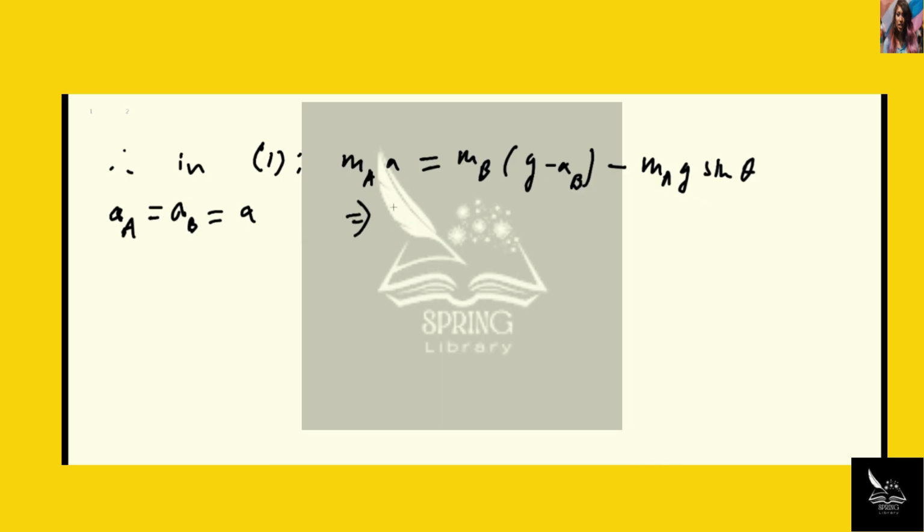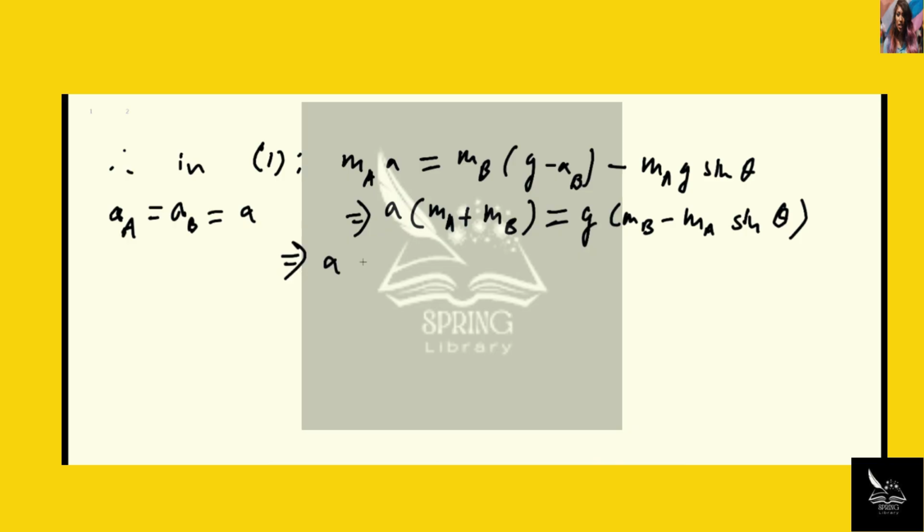So a times (m_A plus m_B), pulling a terms to the left-hand side, is equal to g times (m_B minus m_A sine theta). And so a is equal to g times (m_B minus m_A sine theta) over (m_A plus m_B).